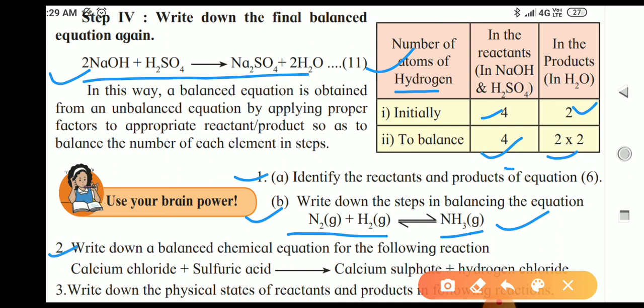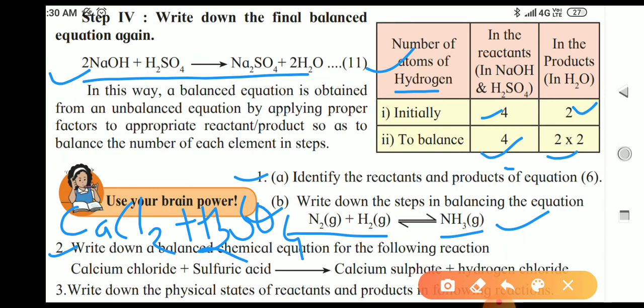Second question is: write down a balanced chemical equation for the following reaction. The word equation is given, so we have to first write it in chemical formulas and then balance the equation. Calcium chloride has formula CaCl2, plus sulfuric acid, we know sulfuric acid is H2SO4, and it gives calcium sulfate.